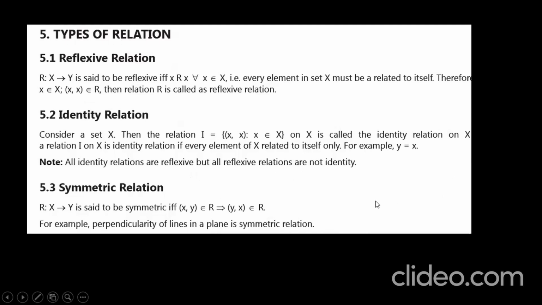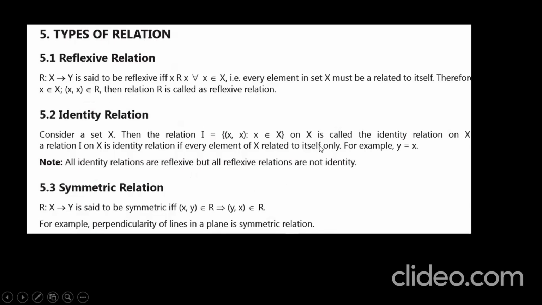Now we study the types of relation. What are the different types of relation? The first relation is reflexive relation. The name itself says it.